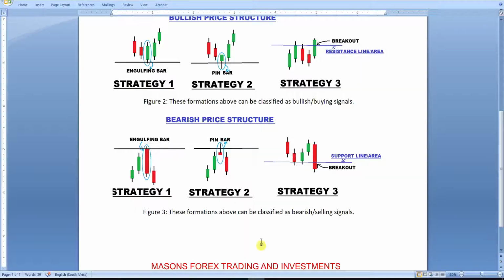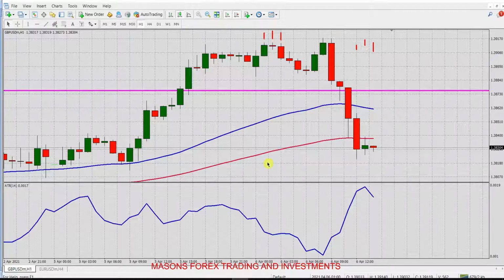Back to the notes. So you can see we have a pin bar where we've explained, or we already have the pin bar set up in our notes, and then we have this engulfing bar. The engulfing bar strategy is very similar to this.